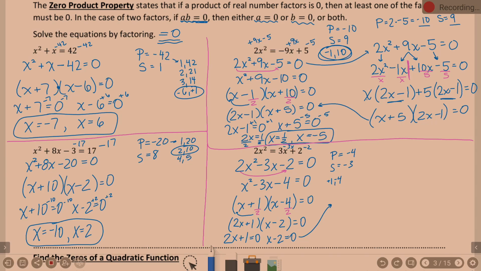Let's see, what do we end up with? 2x equals negative 1, so x equals negative 1/2, and x equals 2, right? And here, we're just solving the equation, aren't we? So is it okay to have negative answers? Yeah, we're just solving the equation. No big deal there.